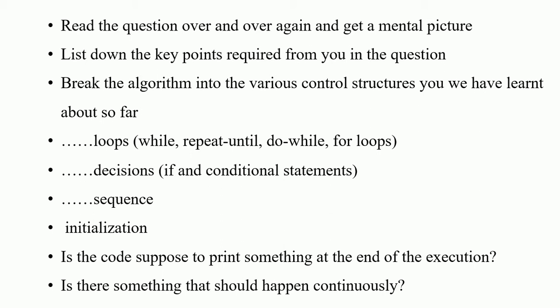All right. The next thing too is to list down the key points required from you in the question. One of the key points that you will remember will be counting numbers. How will I even start to write something for me to get counting numbers? And what at all is the program requesting? The sum. If the program is requesting the sum, then it means that you need to find a way to generate the counting numbers.